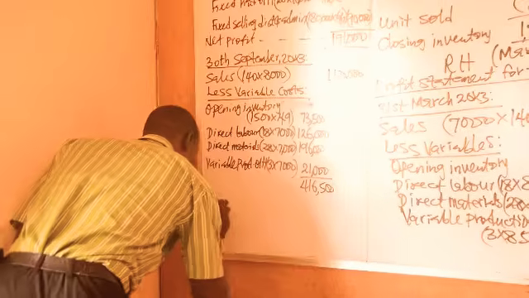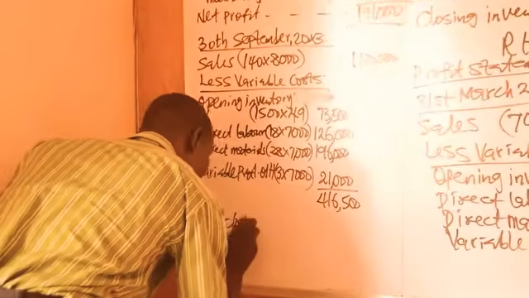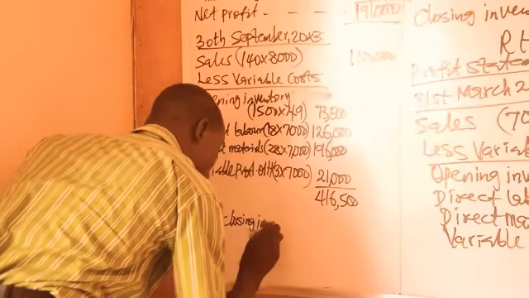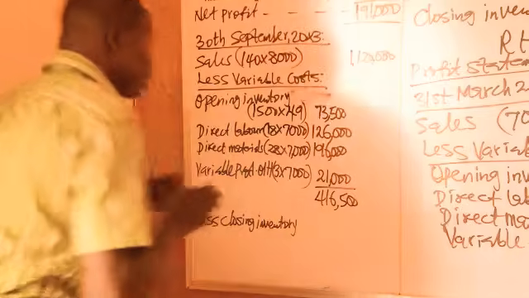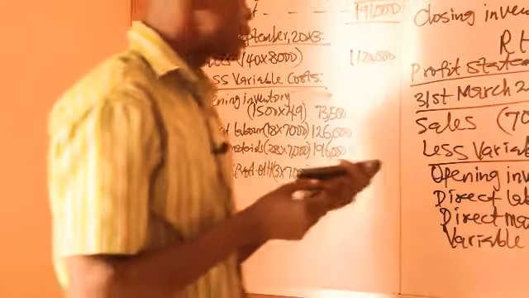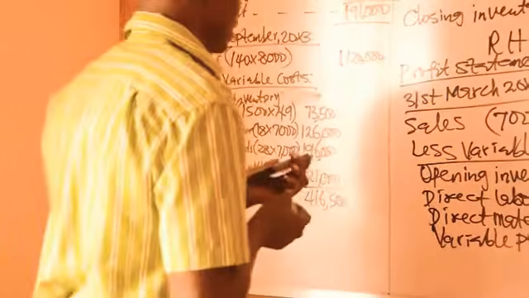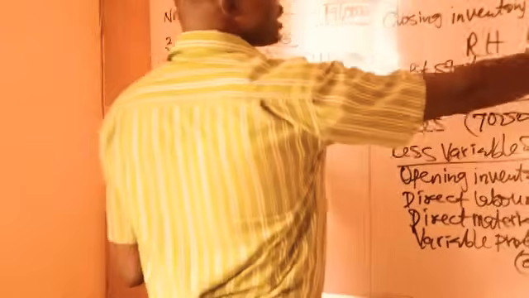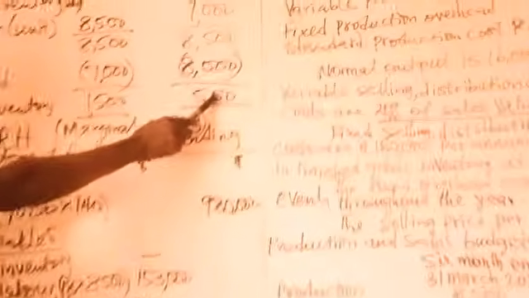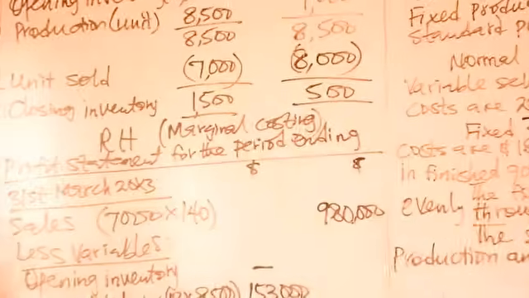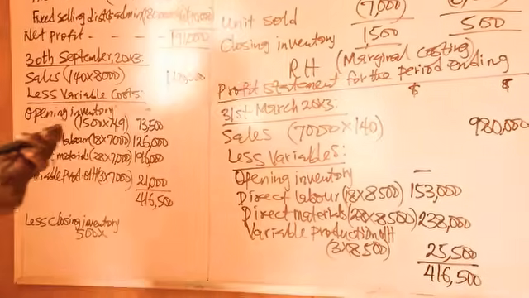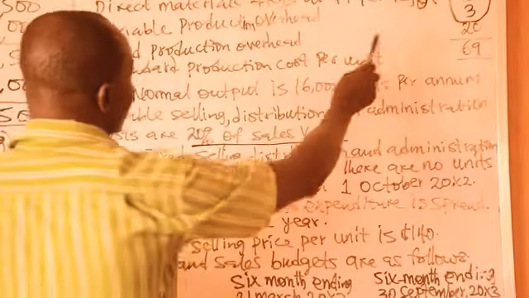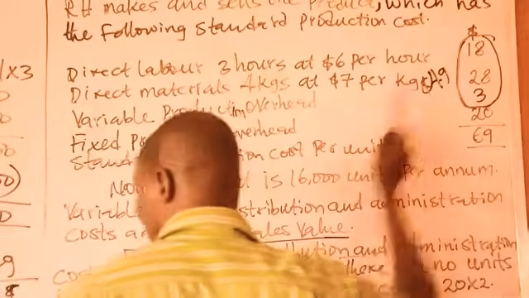Less closing inventory. I've told you that your inventory should be valued at the variable production cost of sales. Your closing inventory in this period is 500 units multiplied by the variable production cost of sales, and that is $49.